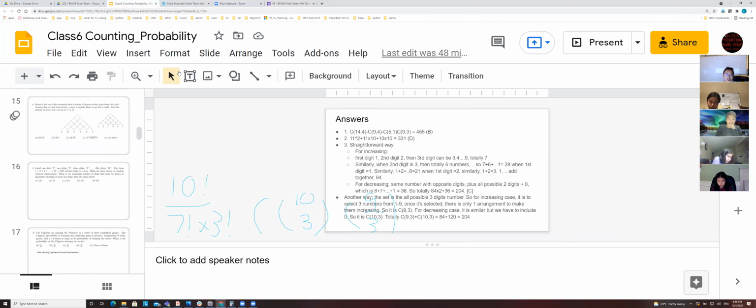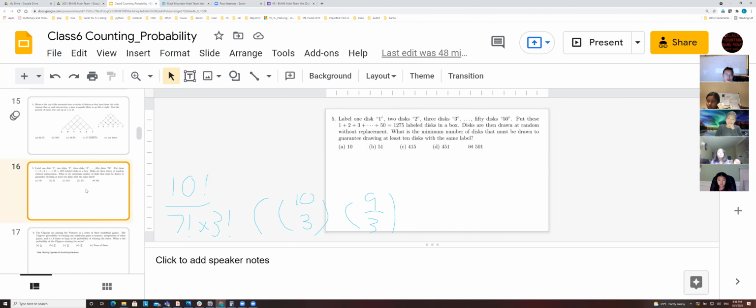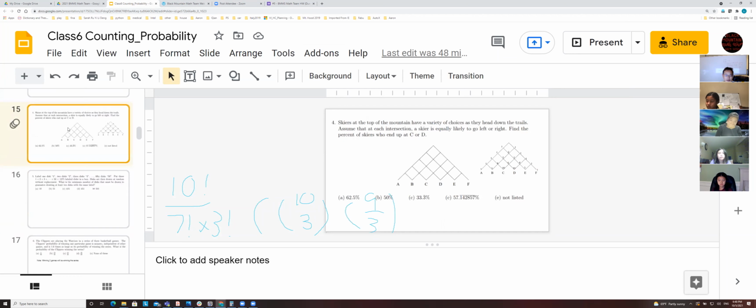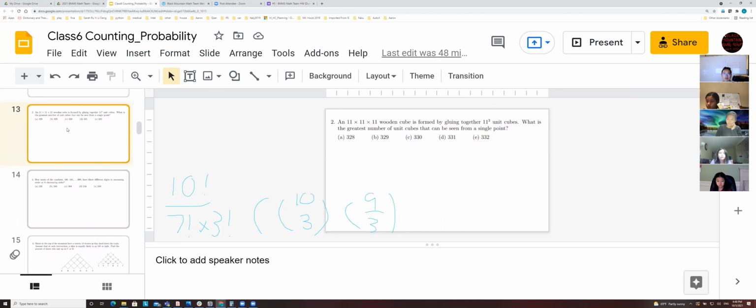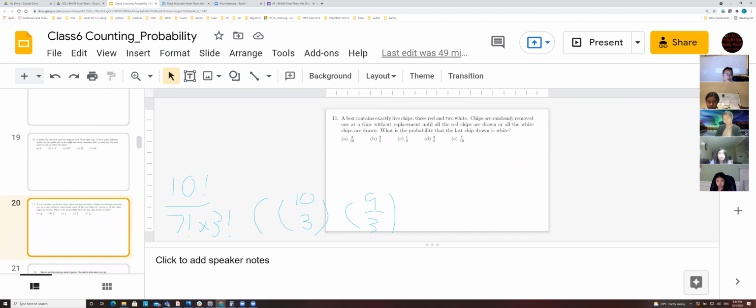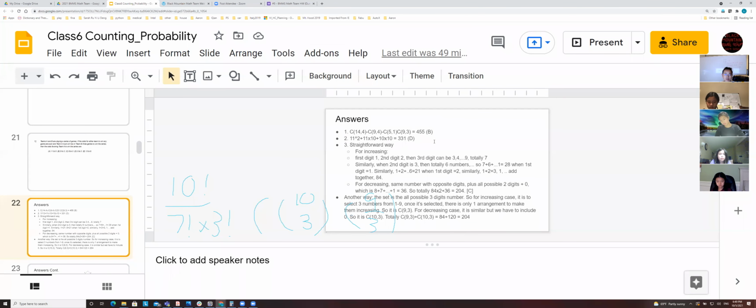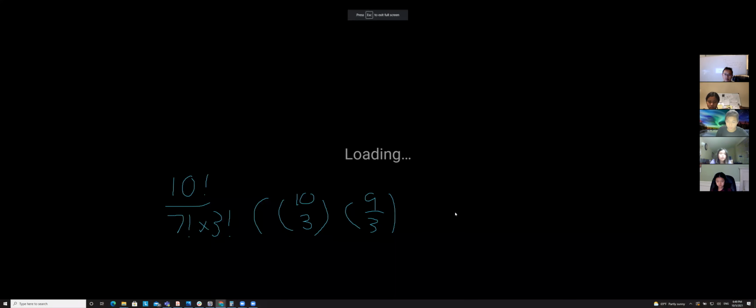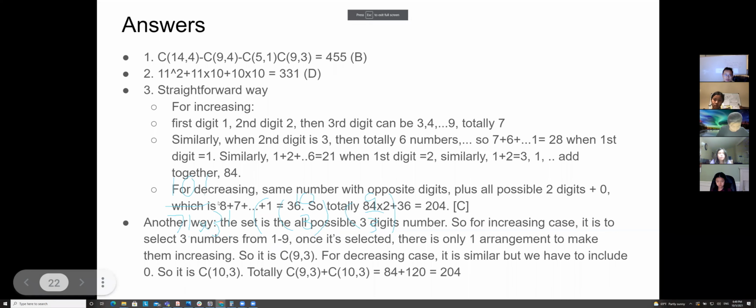Yeah, I'll do it right now. So this is number 3, yeah. So we have an answer right in here. Okay, we have 2 ways. Landon, do you mind wiping off those annotations? Or maybe I can do it.